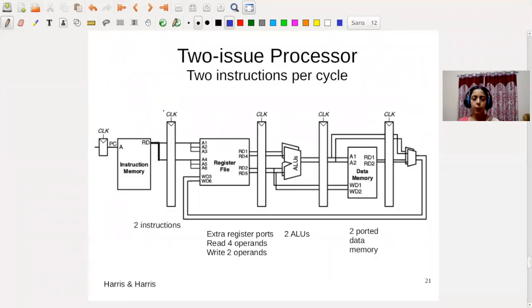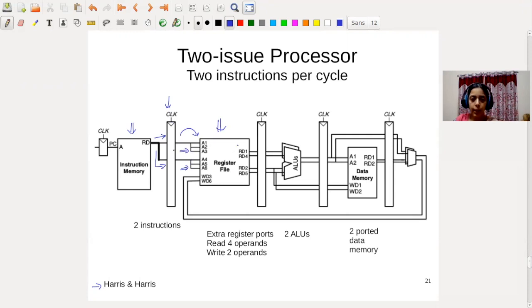So if you look at the hardware, this is taken from Harris and Harris. A two-issue processor, which processes two instructions per cycle, will have a structure something like this. It's very similar to what you've seen before, just that everything is duplicated in each stage. You still have the same instruction memory, but instead of reading one instruction, you will now read two instructions into this pipeline register. And then you will have a register file, and you'll have two extra read ports.